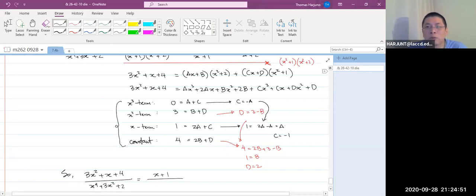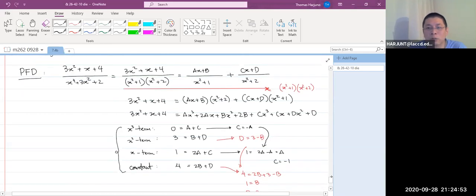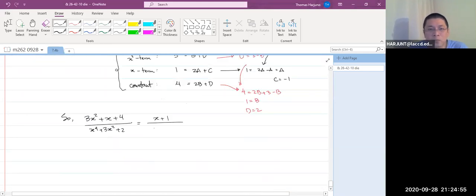Let's square plus 1. That's x squared plus 1, and then plus negative 1c plus 2 over x squared plus 2.